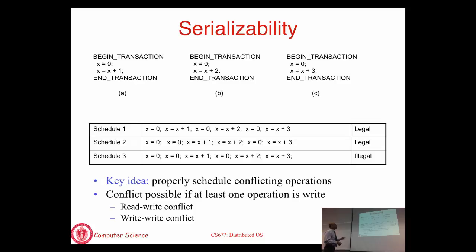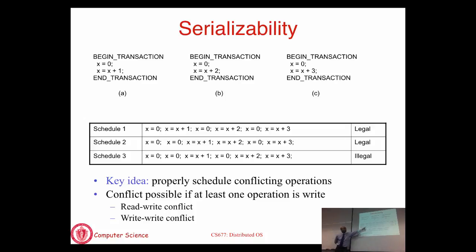Here is another one. So here you have x equal to 0, x equal to 0, then you increment x by 1, then by 2, you reset x equal to 0, and then you set x equal to x plus 3. Now it says it's legal. The question is, are you convinced it's legal?